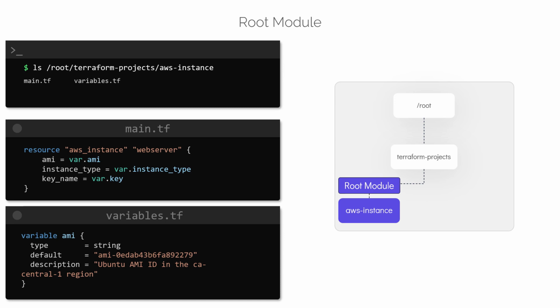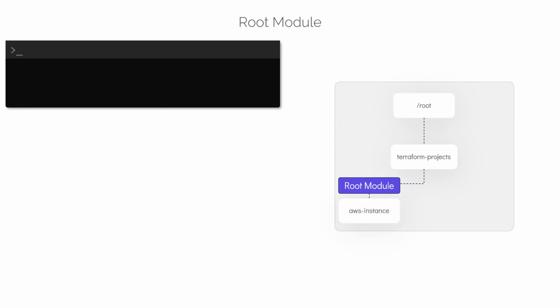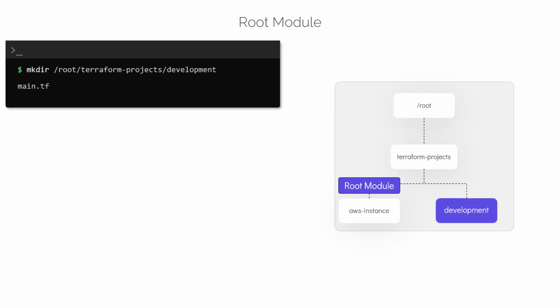But how does this address the issues that we just discussed? Let us consider a use case where we want to make use of the code written inside AWS instance directory to create a new development web server instance. For this, let us create a new directory called development within the Terraform projects directory.